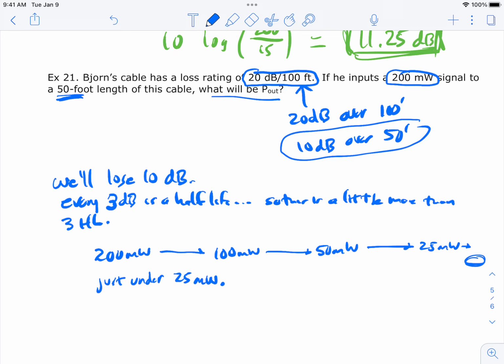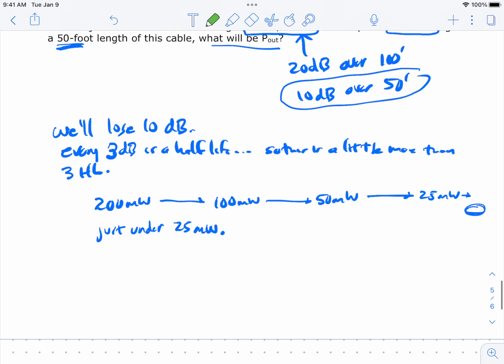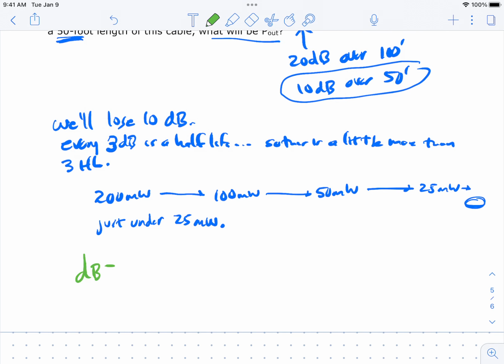If you're just out there installing cable on a satellite dish, you'd probably say, maybe something a little less than 25. But if you want an actual answer from a formula, let's grab that formula out again. That formula said the decibels is 10 times the log of P in over P out.